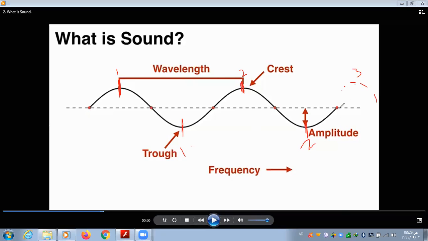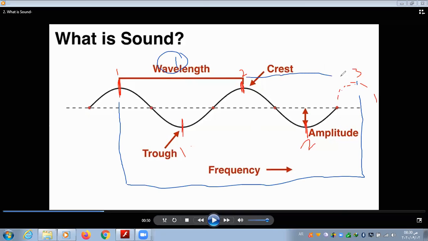Suppose we consider the time taken by the wave from this point to this point. In this distance, how many waves do we have? This is the first wavelength, and from here to here is the second wavelength. Suppose the time here is 1 second.